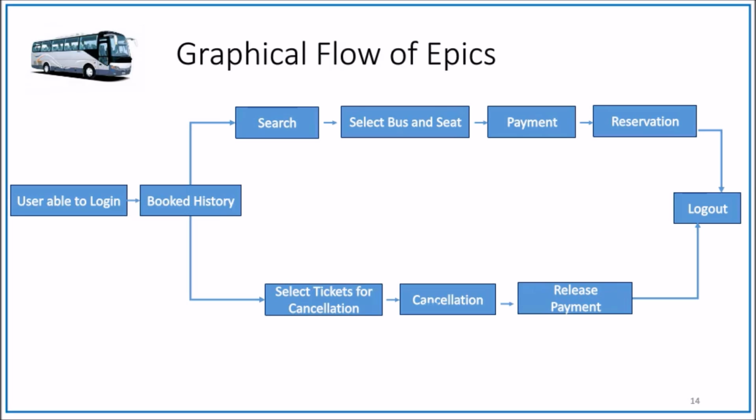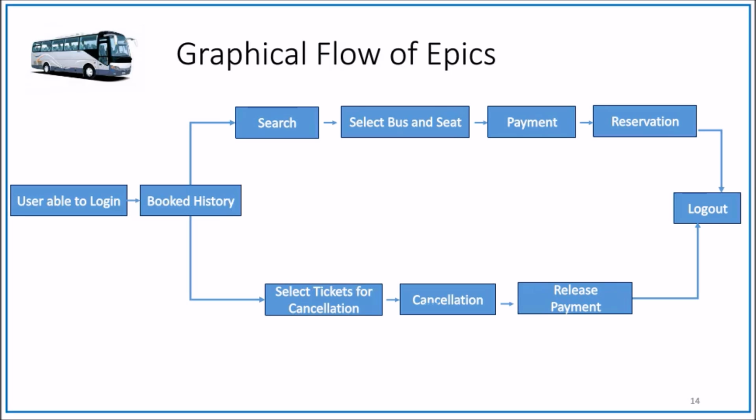Then he should be able to see his booked history. Then he should be able to search for a bus in a given route. Once he searches, he should be able to select a bus and seat. Then he should be able to make the payment, and then successfully reserve the seat. Then he logs out. That is one flow.